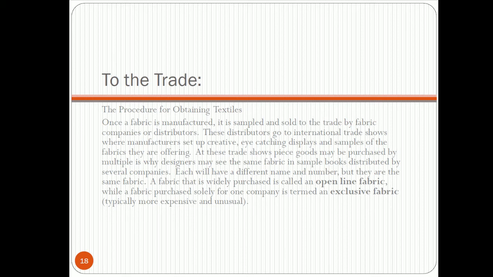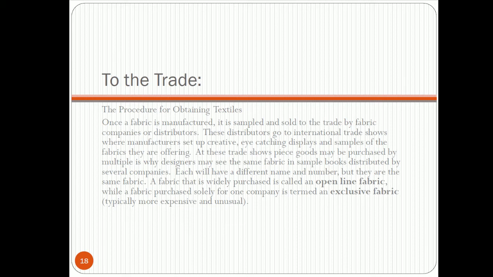Whereas a fabric purchased solely for one company, such as Ralph Lauren, is called an exclusive fabric. These are typically more expensive and unusual. So again, open line fabrics. Every company has a white linen, right? Every company has a basic cotton stripe print.